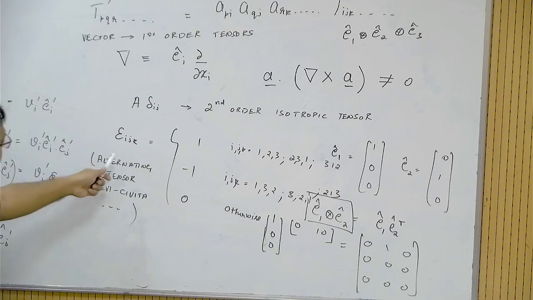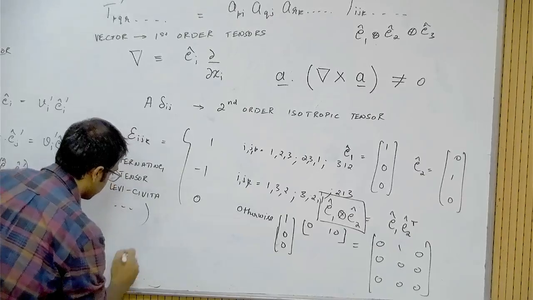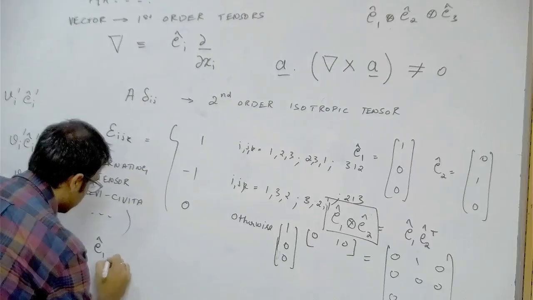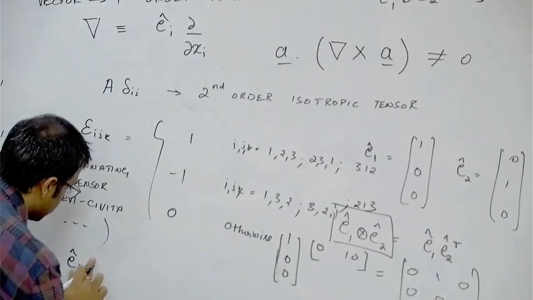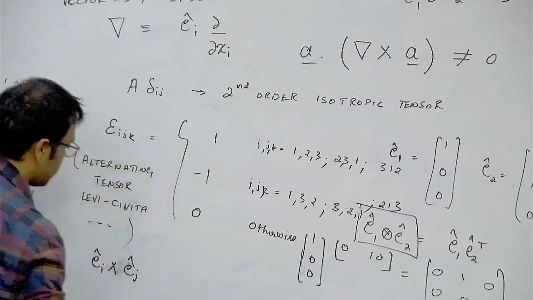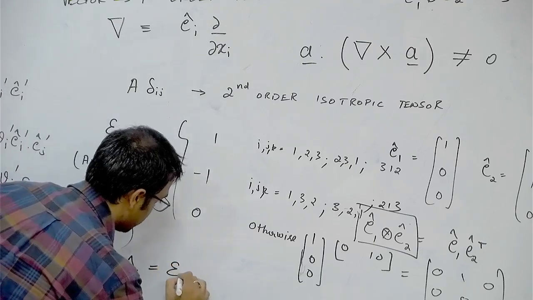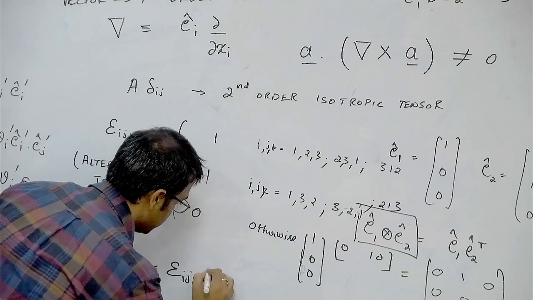So this alternating tensor, there is another way of defining it, and for that let us look at the cross product. E_i cross E_j is written as epsilon_ijk E_k.